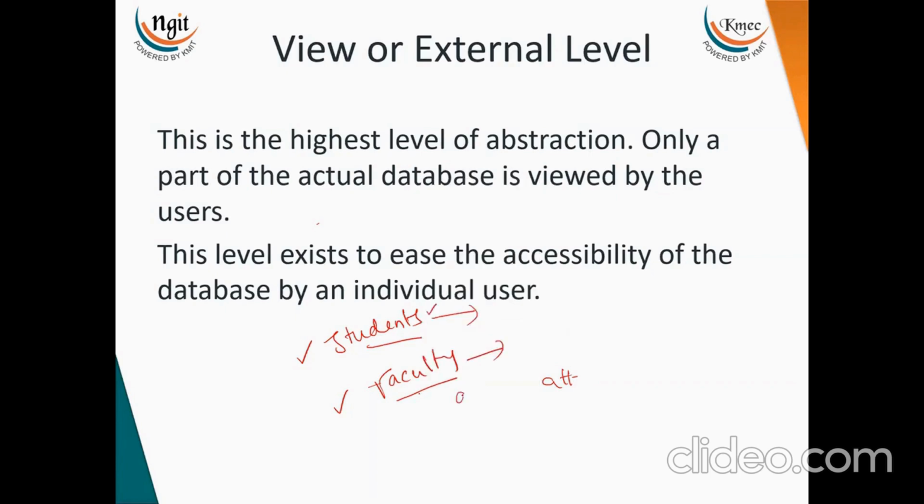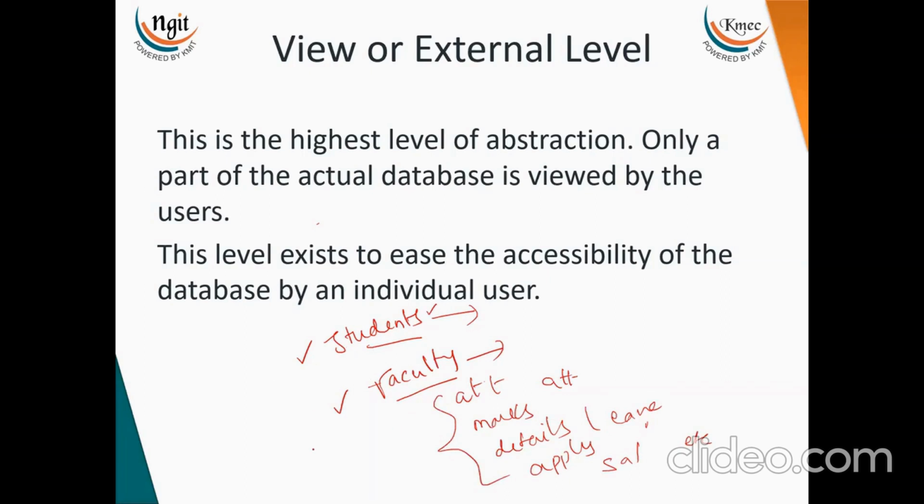Faculty can enter attendance. Faculty can enter marks for the student. Faculty can view the details of the students. Faculty can apply leaves. Faculty can also view the salary details, etc., which means faculty is having more provisions when compared to the student.